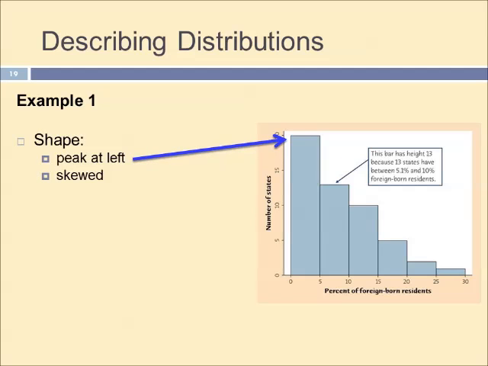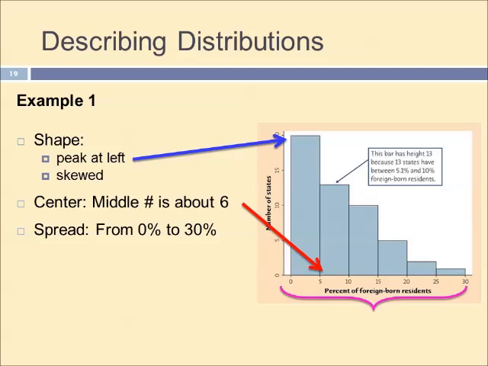So to describe the pattern, we begin with the shape. Notice we have a peak at the left, and the overall shape is skewed. It's heavy on one side and lighter on the other. The center, we might describe the middle number as around 6%. We might talk about the center as being the average as well.